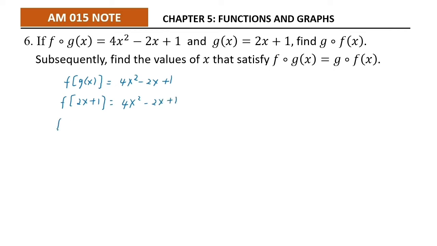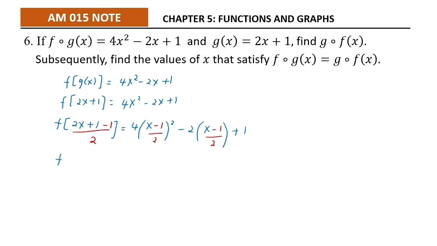And then to find fx, the 1 and 2 must be cancelled: x is now x minus 1 and divide by 2. Squared, minus 2 times x minus 1 divided by 2, plus 1.